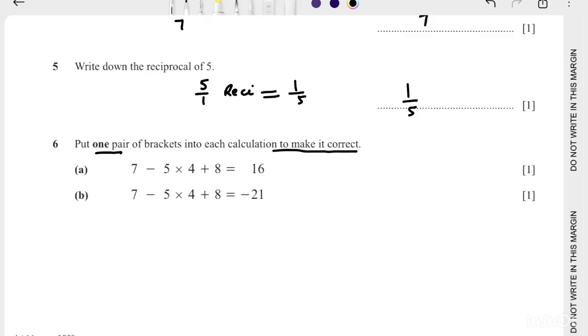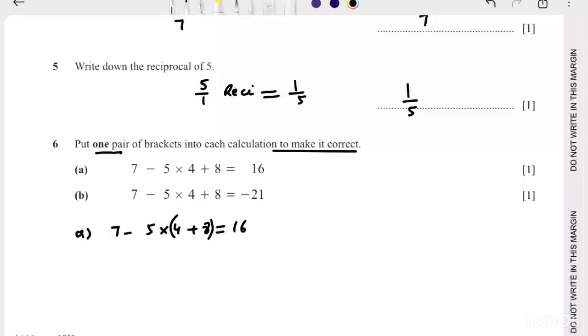So for this purpose, we can do a trial and improvement method. Let me solve part a first of all. So what will happen if I place brackets over here? So let us see what happens.